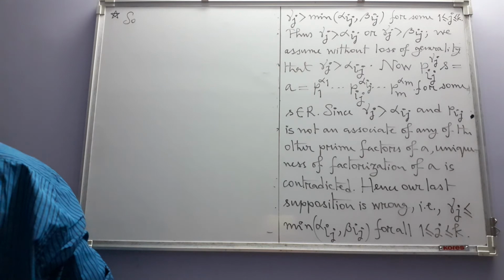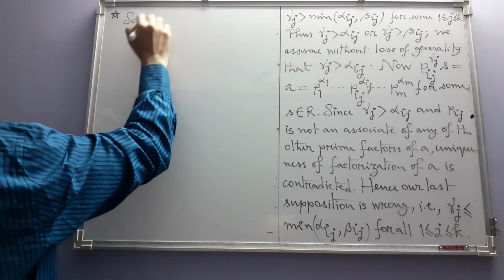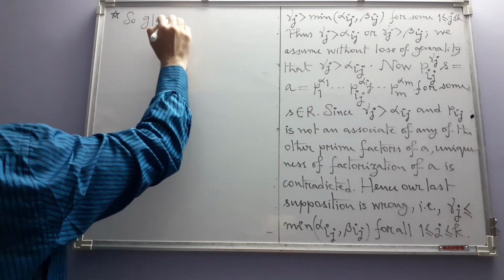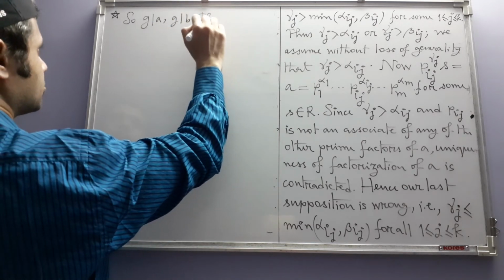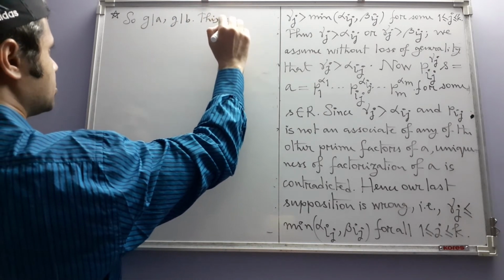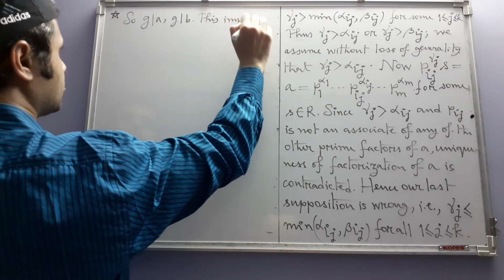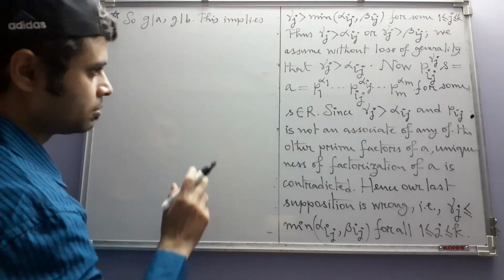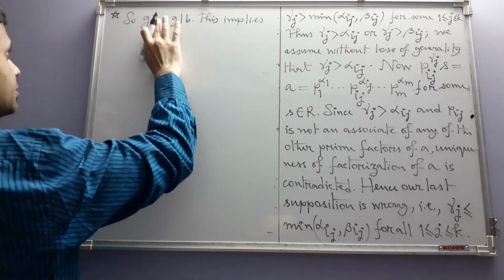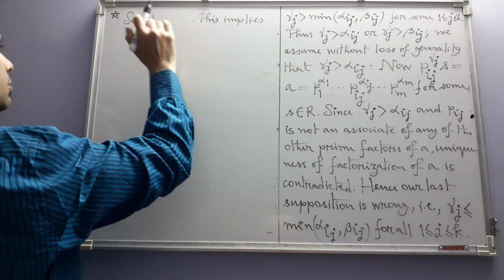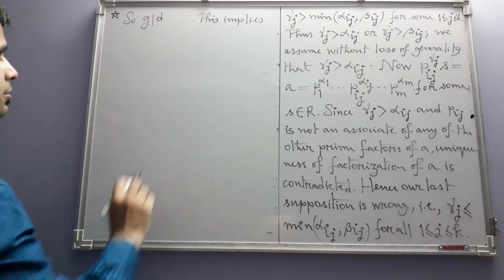So G divides both A and B. This implies, now what am I saying? G divides D, that is my conclusion.